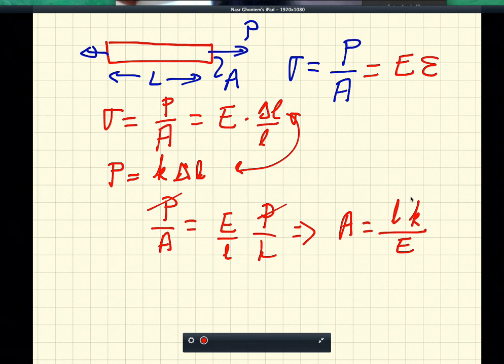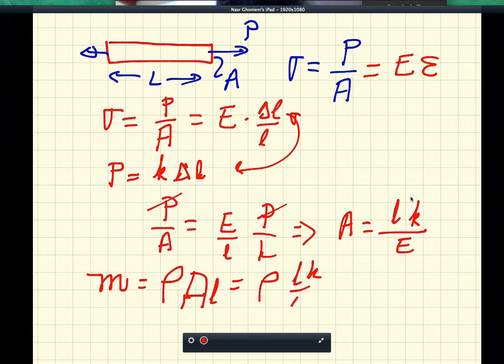Now I would like to minimize the weight, so the mass of the bar is equal to the density times the cross-sectional area times the length L. So if I write that down, it's rho, and the area now is K over E times L, and therefore I can separate the mass function into L squared times K times a material property, which is the density over the elastic modulus.